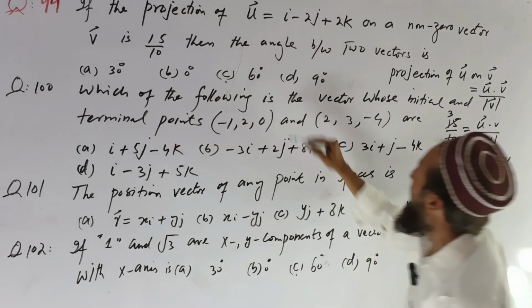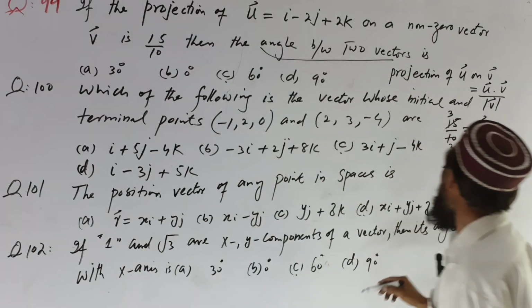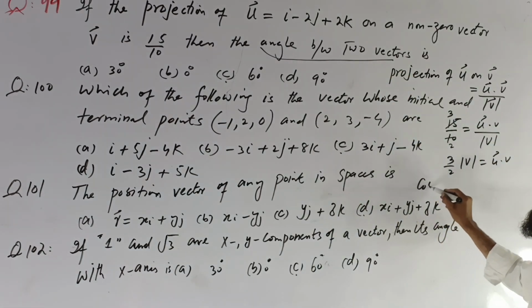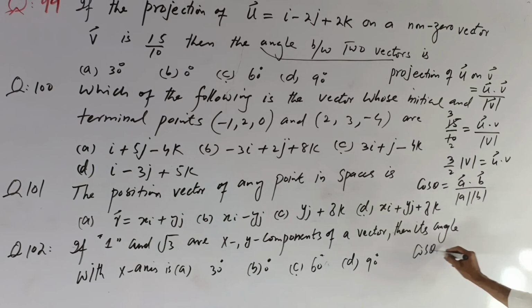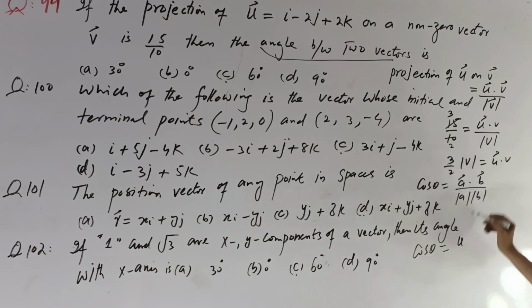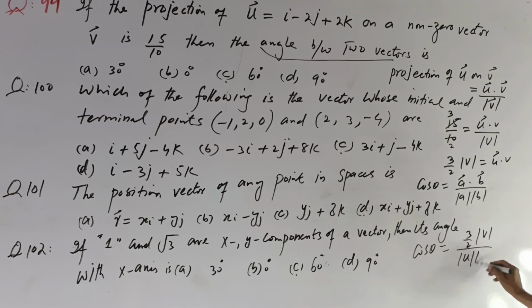So the angle is required between the two vectors. We know that cos theta is equal to a dot b over a magnitude and b magnitude, and here in place of a dot b we put u dot v. U dot v is given as 3 divided by 2 times v magnitude. Here we can write u magnitude and v magnitude.